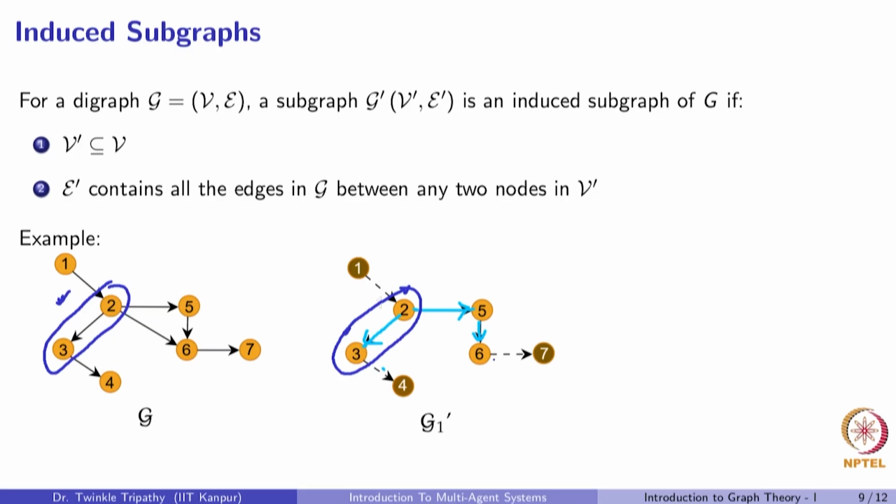Let's look at 5 and 6. Again, in the original graph there's just one edge and the same edge is retained here. Now let us look at 2 and 6. We see that there's again one edge here, but when we come back to G prime, that edge is missing, meaning it is not an induced subgraph.